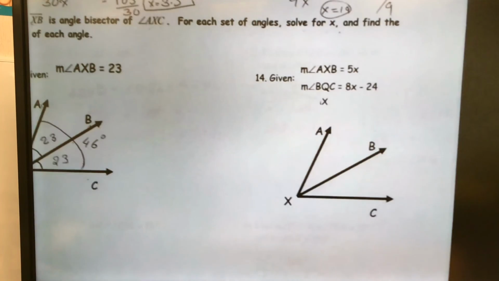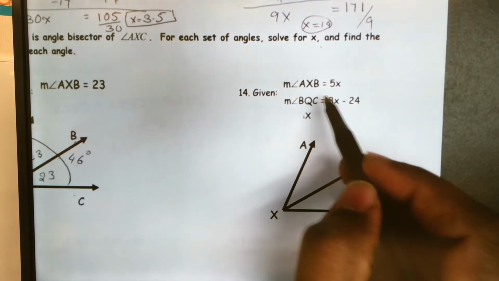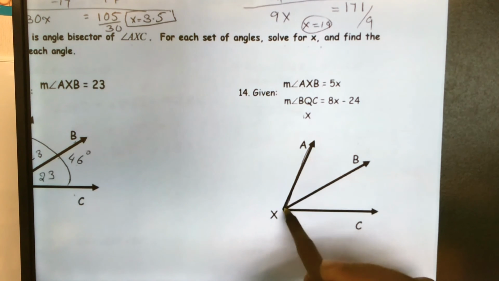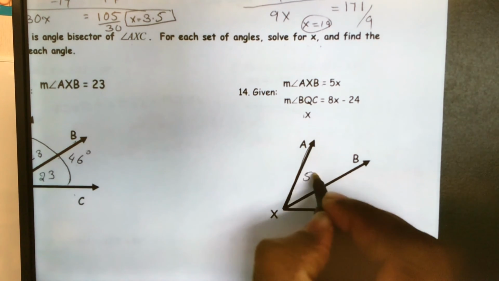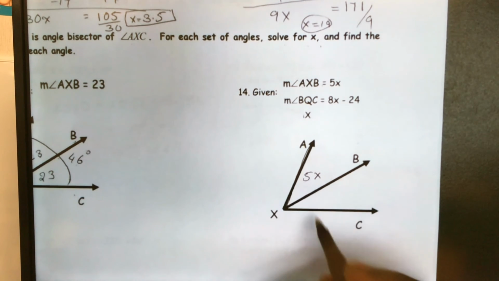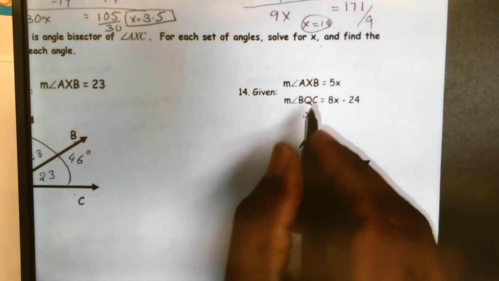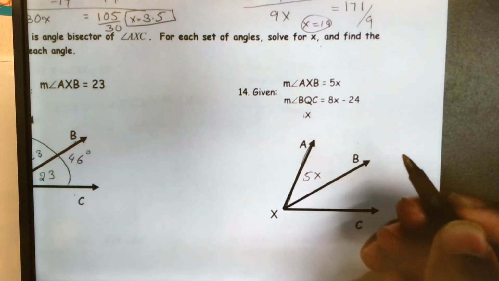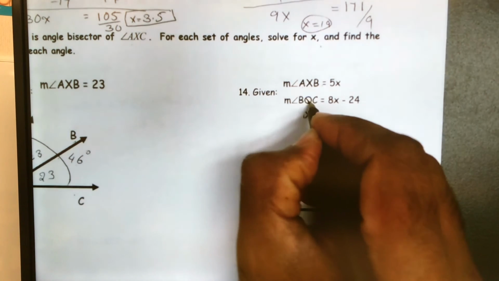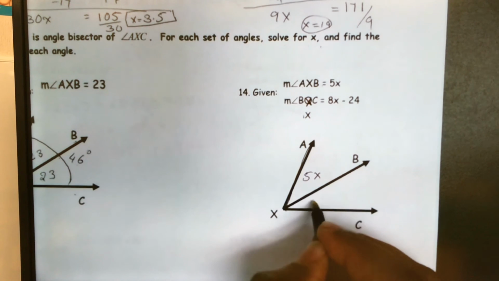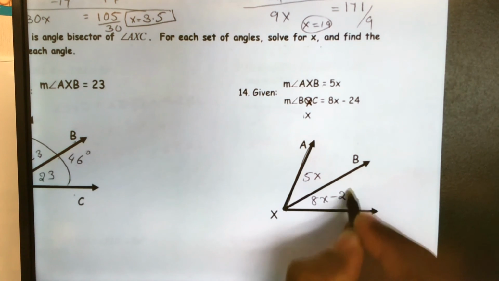Here is the second question. They say that angle AXB is 5x, and angle BXC, there is a mistake in the typing, so BXC, is equal to 8x minus 24.